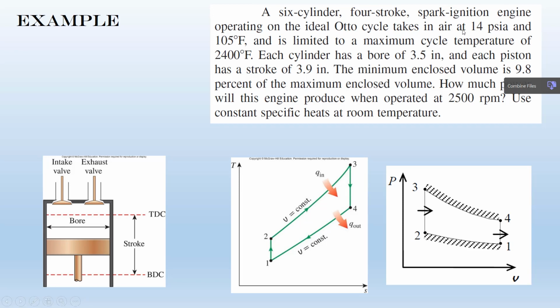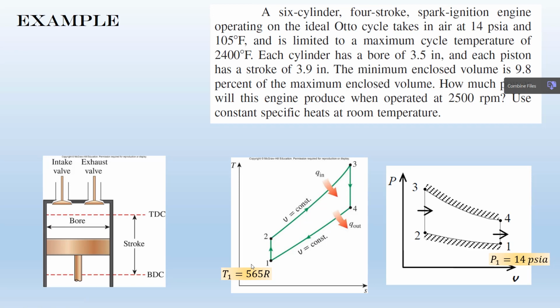So air at 14 psi and 105 Fahrenheit. These two pressure and temperature are the inlet pressure and temperature. So we have P1 and T1. Again, keep in mind that you must convert this temperature to the absolute temperature. So you need to convert the Fahrenheit to absolute temperature.